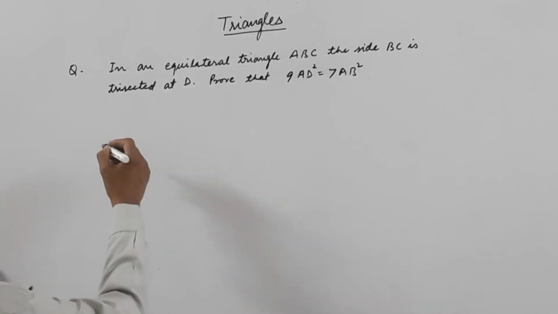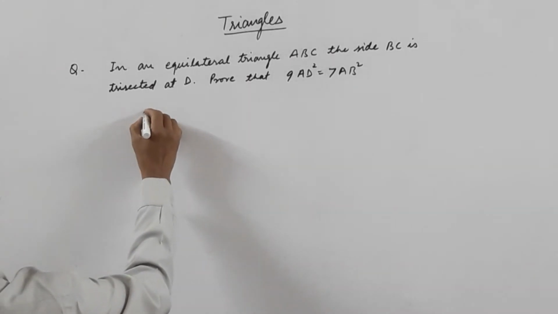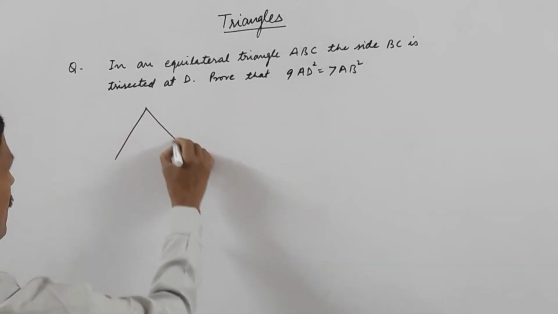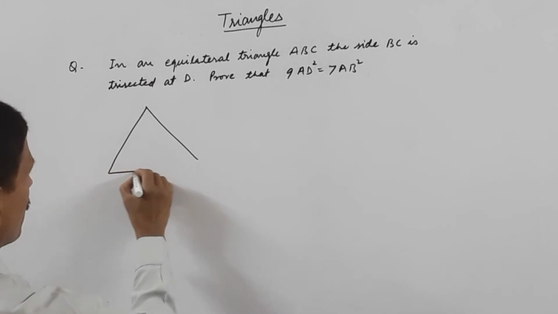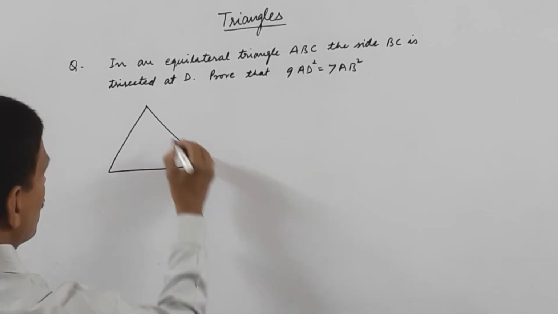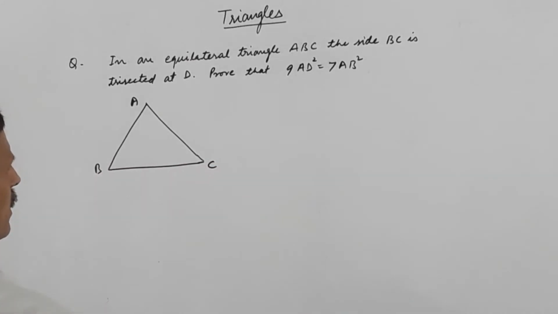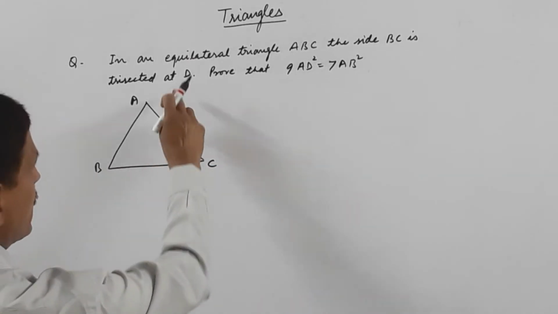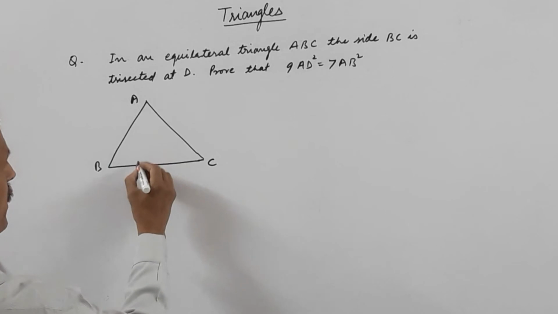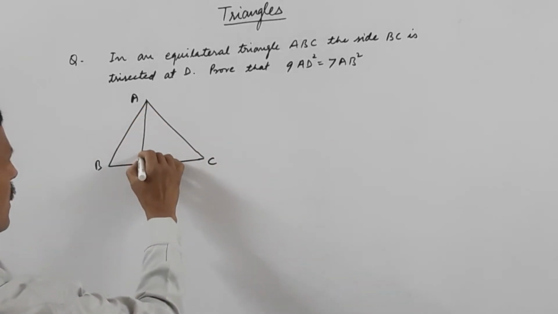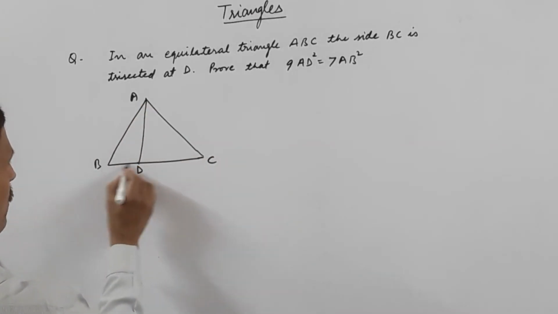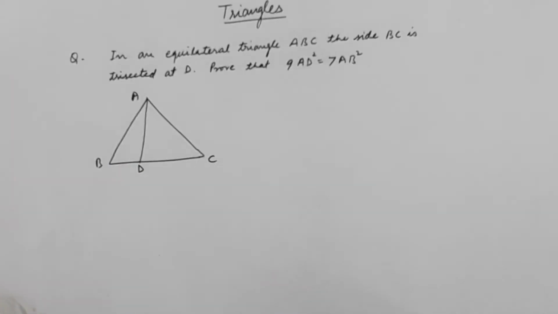We are given a triangle ABC, an equilateral triangle, and BC is trisected at point D. It means BD is equal to 1/3 of BC.